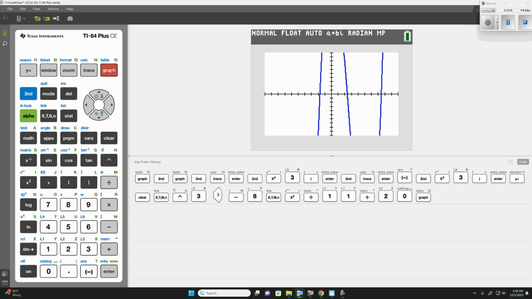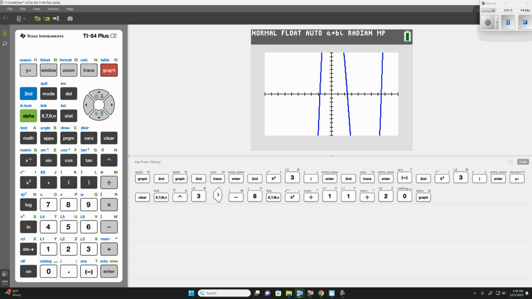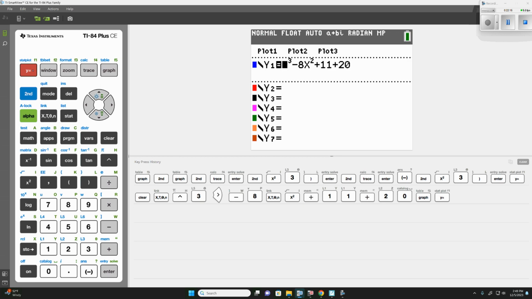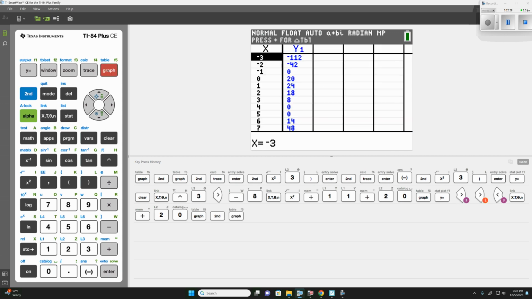I think I have a number off. X cubed minus 8x squared plus 11x plus 20. X cubed. I see what I did. 11x plus 20. Graph. We see that it does intersect at 3 places.